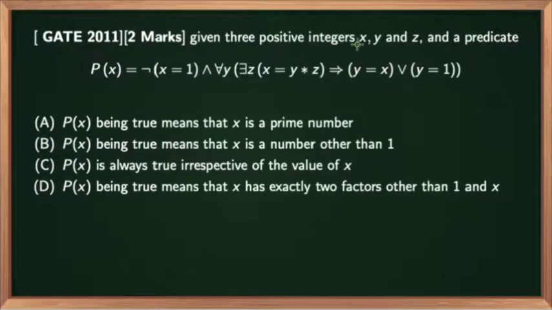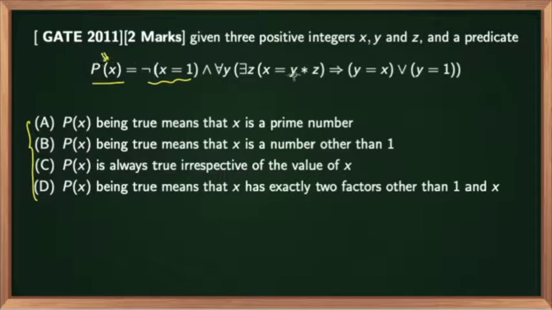Given three positive integers x, y, and z, and a predicate p of x. So this is the predicate, and we have four choices. It's given that x should not be equal to 1, and you are passing x to this predicate.